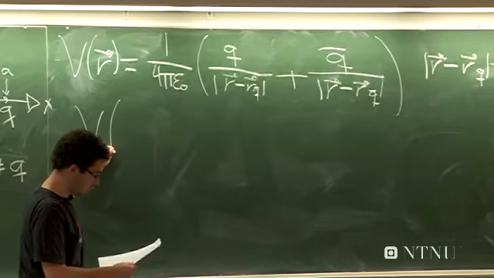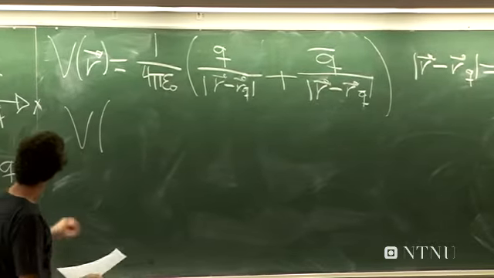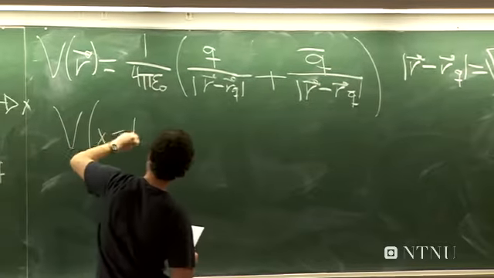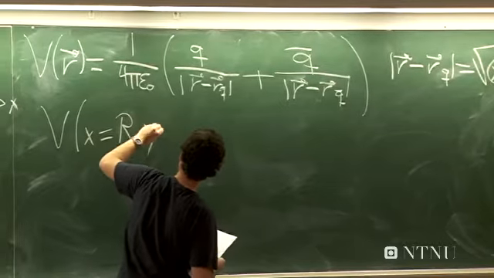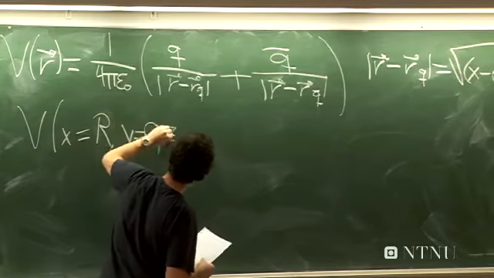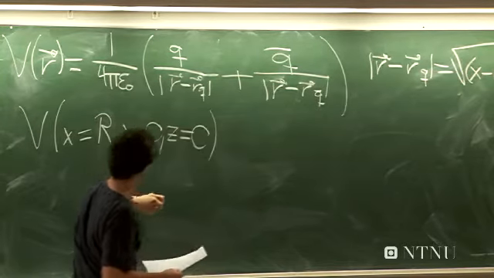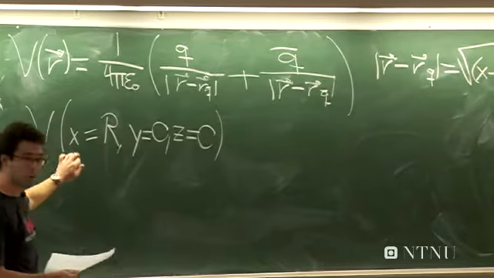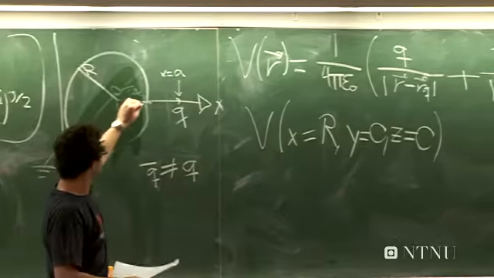So if I put y and z equal to 0 and x equal to r, it's this point here.